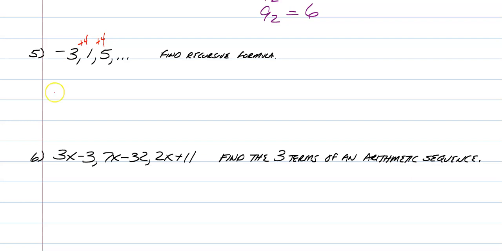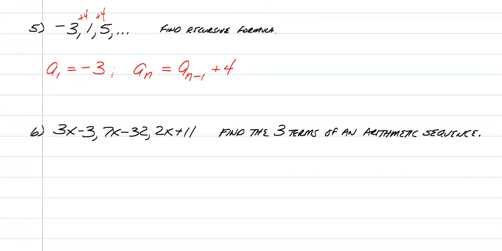So we need to say a sub 1 is equal to negative 3, and then a sub n is equal to the previous term, which we write as a sub n minus 1, plus 4. It really is that simple.